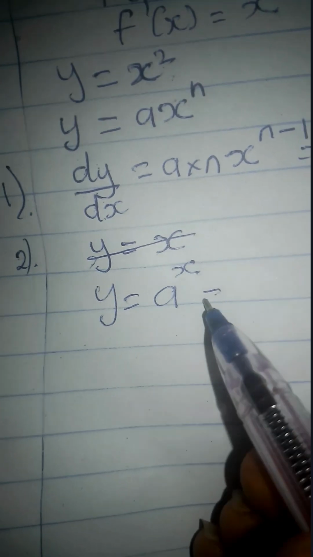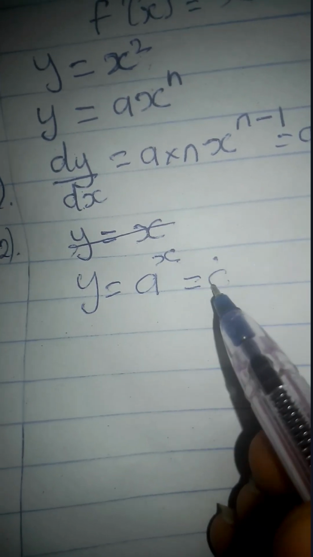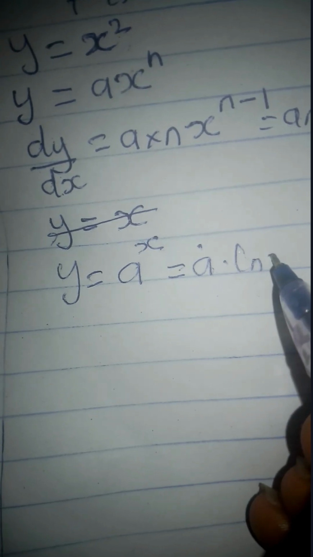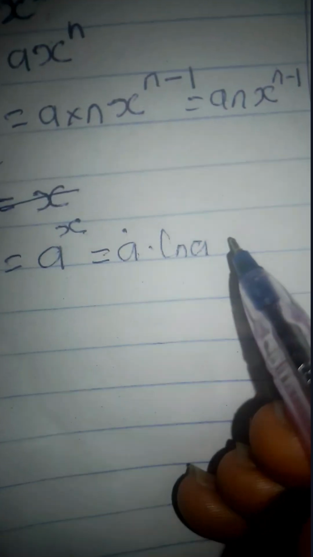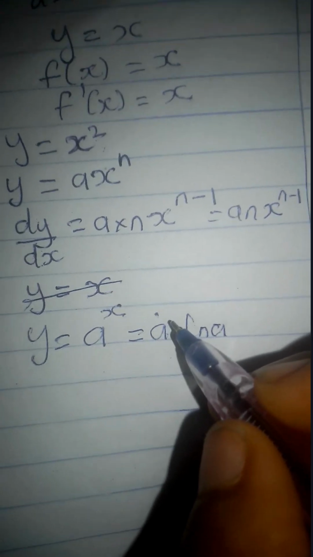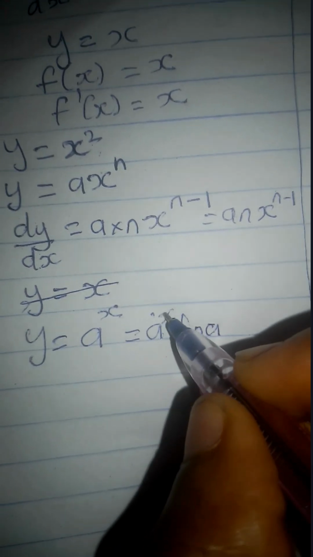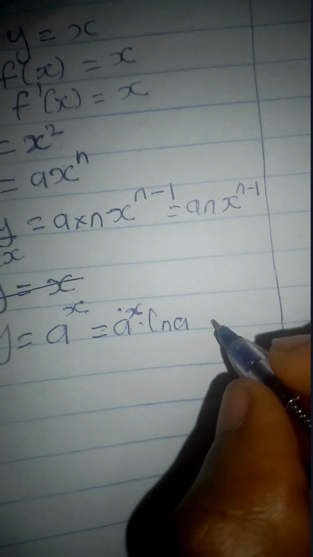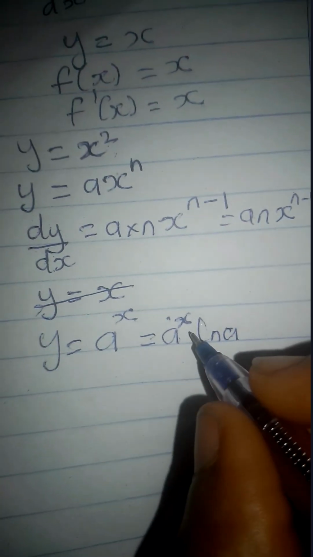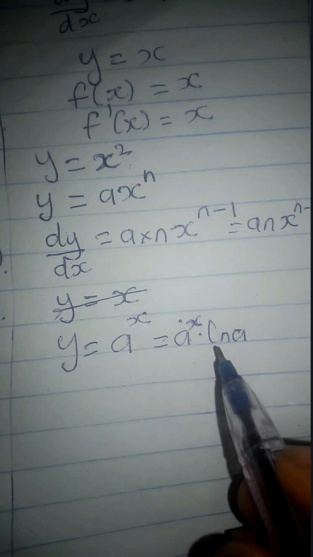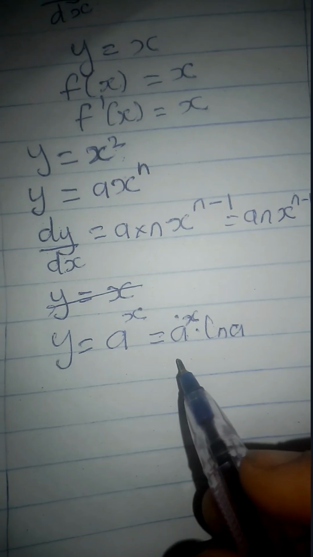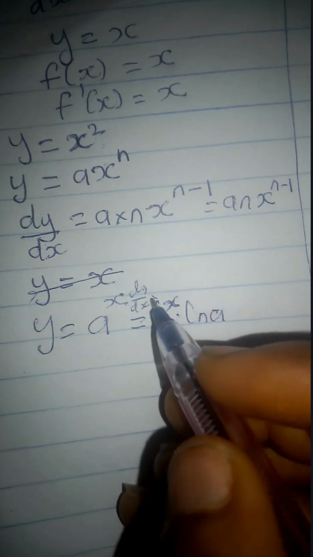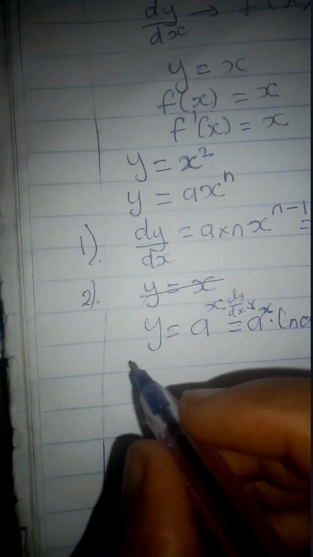In that case, we're going to end up with a^x times ln a. That's the differential value, the dy/dx of it.